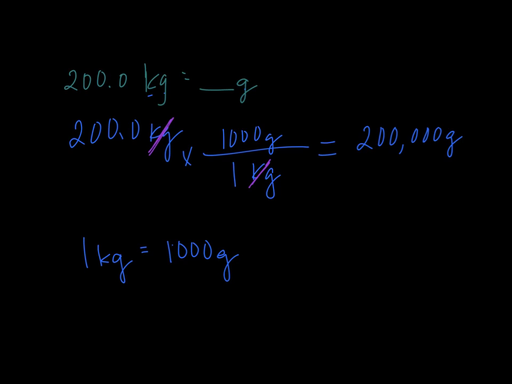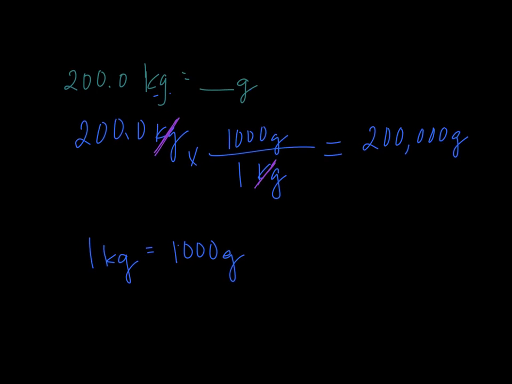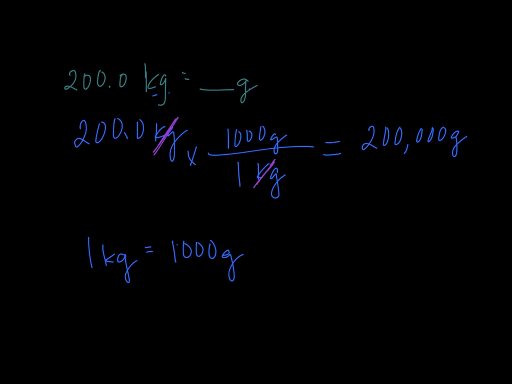Okay, so you can write it like this, or you can write it in scientific notation. You can't write it like this for significant figures, I'm sorry. You've got 200.0, and so that's 4 significant figures, right?